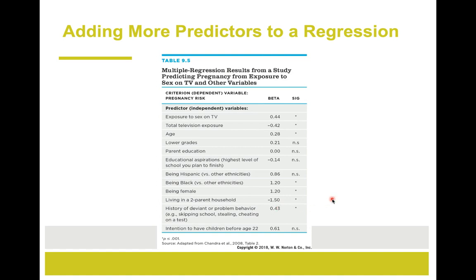So suddenly we get this multifaceted, complex architecture of a predictive model that can help us explain risk of pregnancy. And with the inclusion of all of these variables, we are essentially removing issues of internal validity, right? Because remember, internal validity is all about, are the things you think doing the causing actually doing the causing?